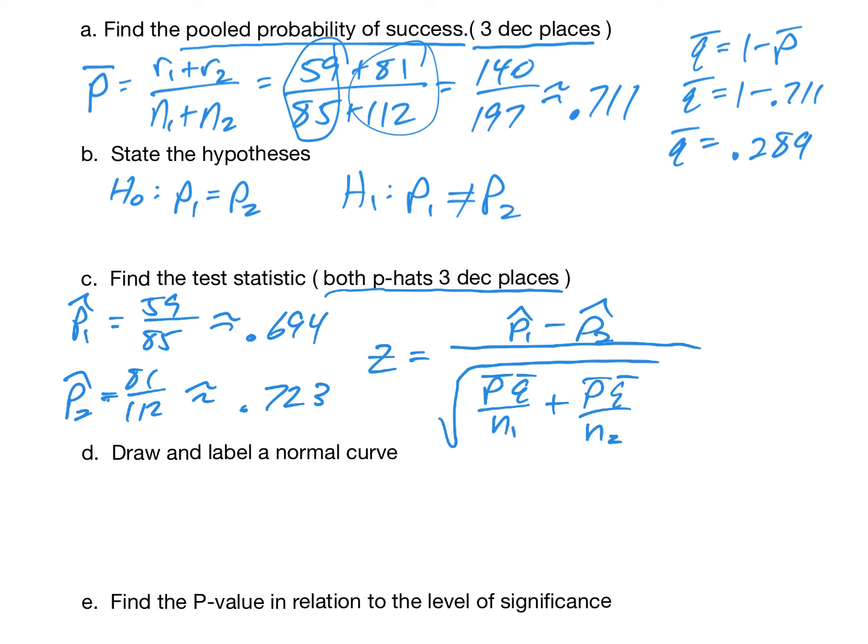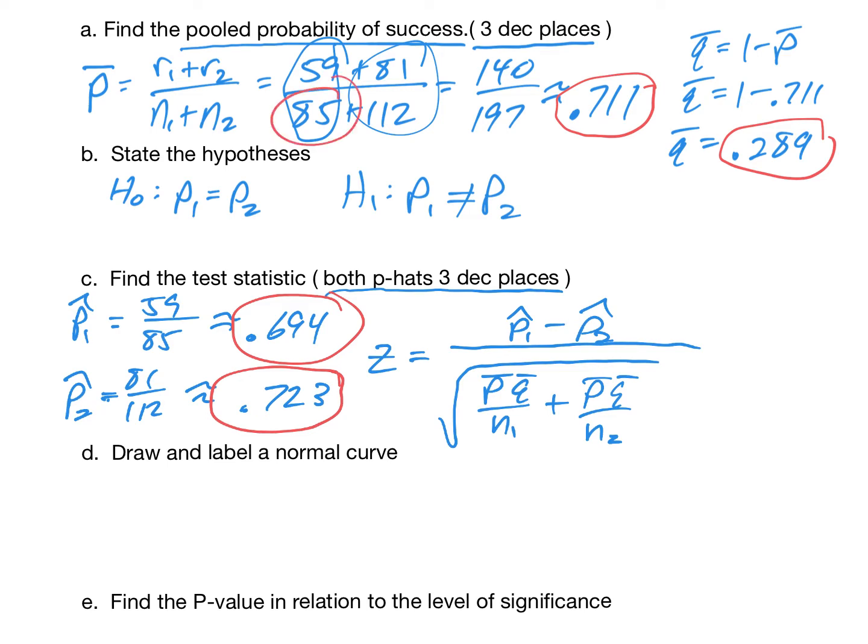Take a look at that formula, and understand you actually have all of these numbers right now. Here's the P bar, here's the Q bar, here's P hat 1, P hat 2, this is N1, and this is N2.